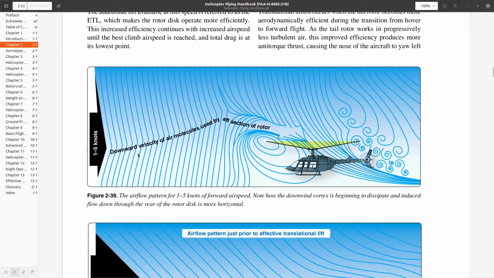So here we're going at like 1 to 5 knots. Even just 1 knot is an improvement over hovering. And look at these vortices. I mean, yeah, it's starting to get a little better, right? It's not quite as vertical through the rotor in the front. It's still kind of vertical in the back.